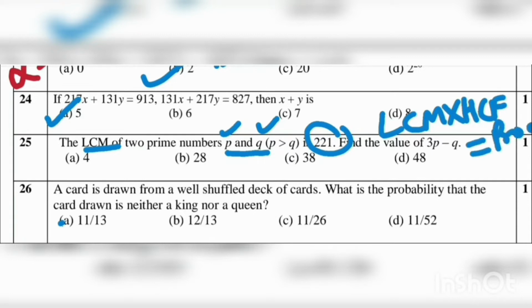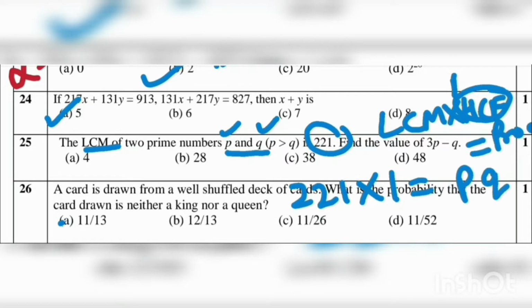Since the two numbers are prime, their HCF will be 1. LCM is 221. So we will get 221 into 1 equals the product of the numbers, pq. So we are getting pq equals 221.